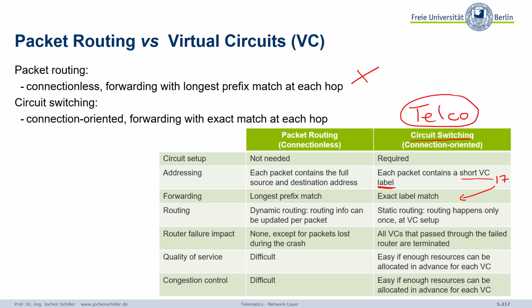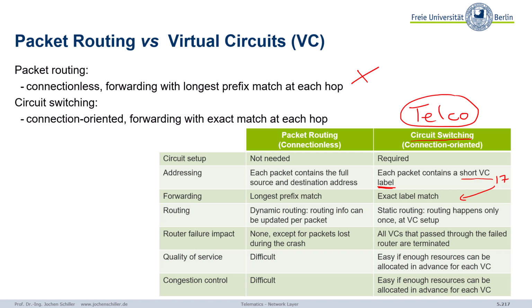So that's the idea. If something fails, well, the connections then also fail. Well, you can again set up a new path, so you can reroute everything, but this very specific circuit, well, it's dropped if a switch fails.